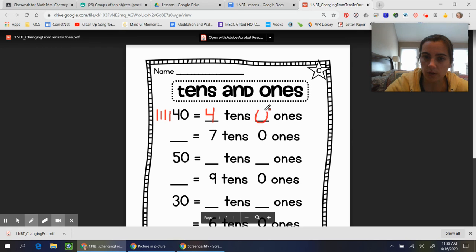I have 0 ones. Now look at this. Look what you notice. 4. There's your 0. And that makes sense because this 4 is in the tens place, and this 0 is in the ones place. So we have 4 tens, 0 ones.